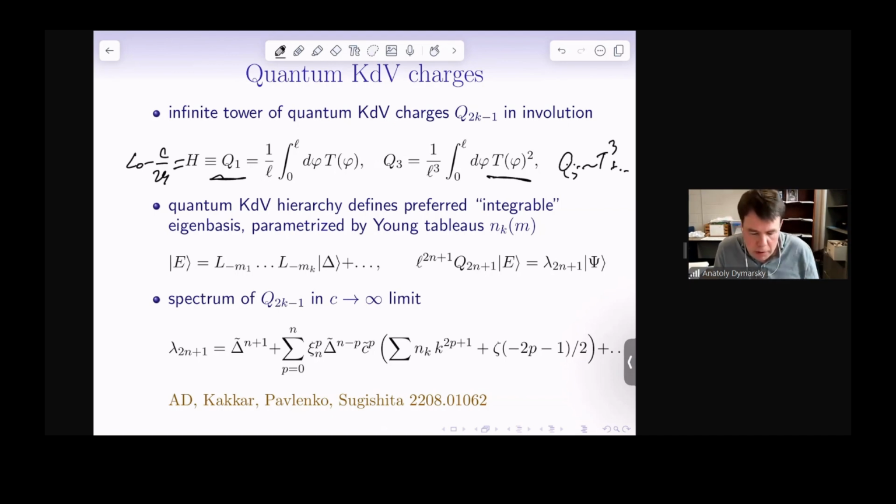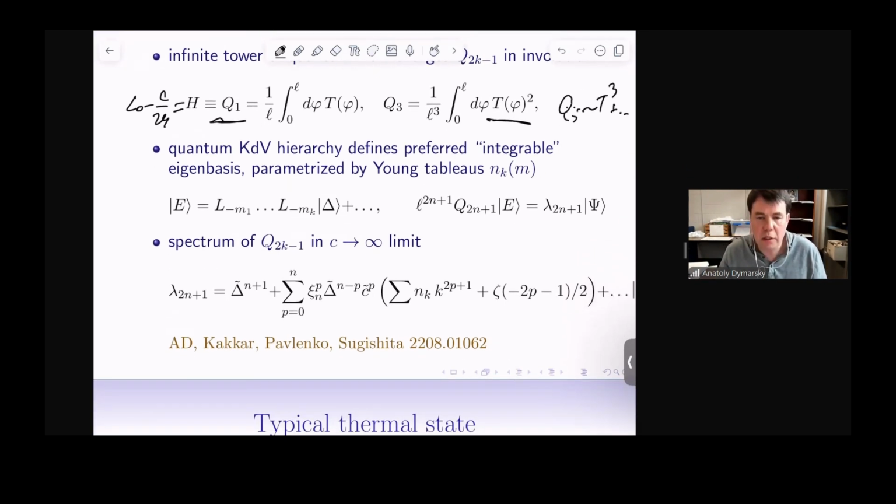So what we were able to do, not in a historical way, but what we did more recently, we were able to solve this quantum hierarchy in the large central charge limit. So we know the eigenvalues of these charges, and to some extent, we know how to build the eigenstates.